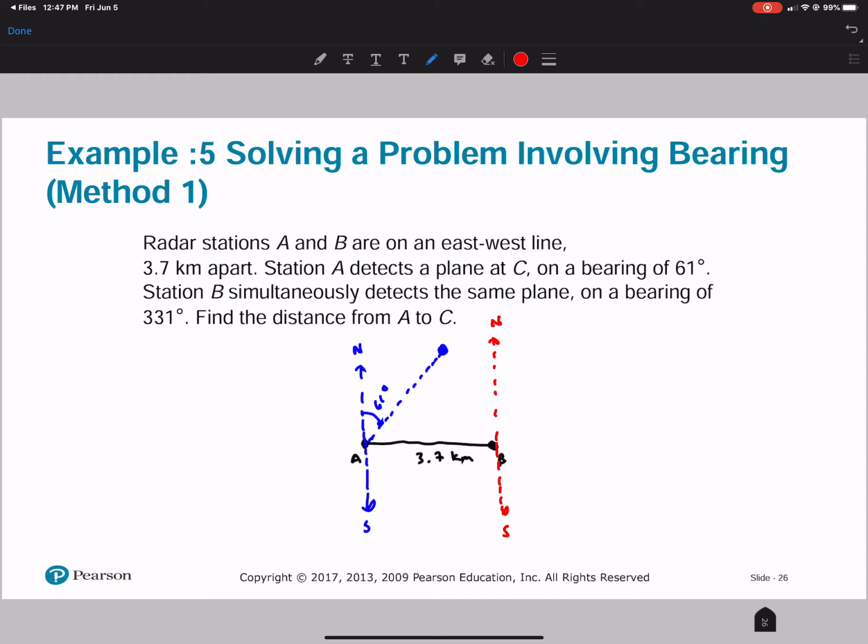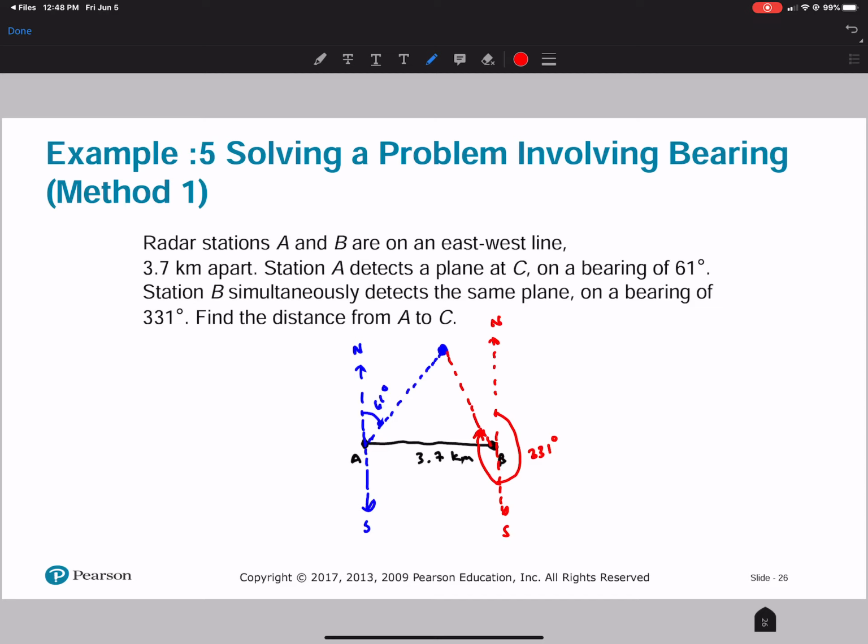So we know if we start here, from here is 180, then we got 270. And then we go a little bit further, we have 330, 331, right? So 331 degrees, because we moved in a clockwise formation.